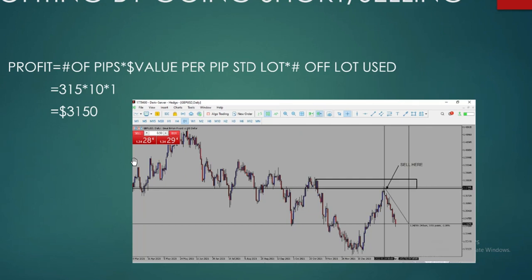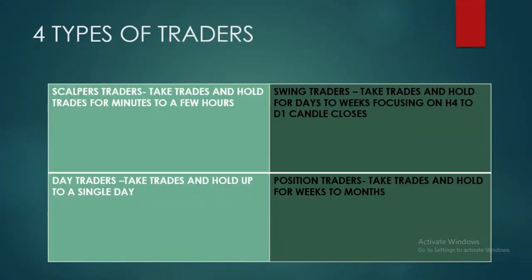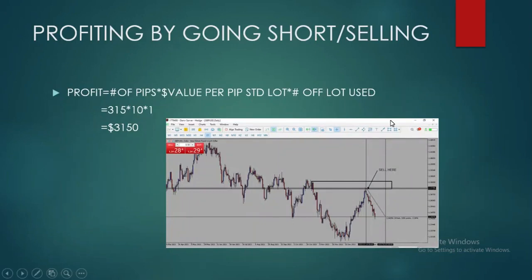So basically I have explained the two types of contracts that we'll be taking. It's either you're buying or you're selling. You're going to sell high at higher prices and you're going to buy low at lower prices, and as price moves to your anticipated direction, you're going to be making profit.